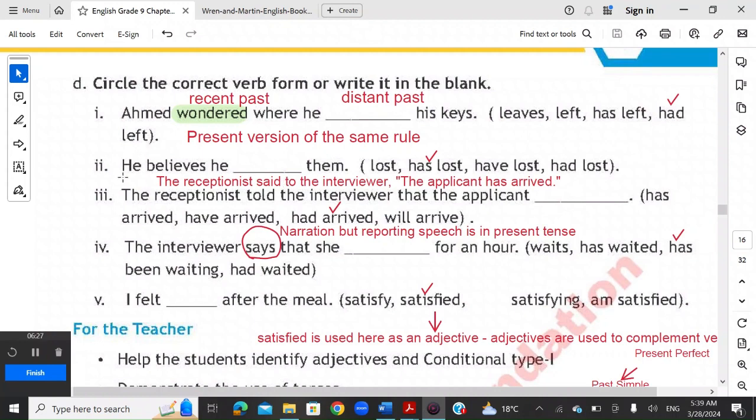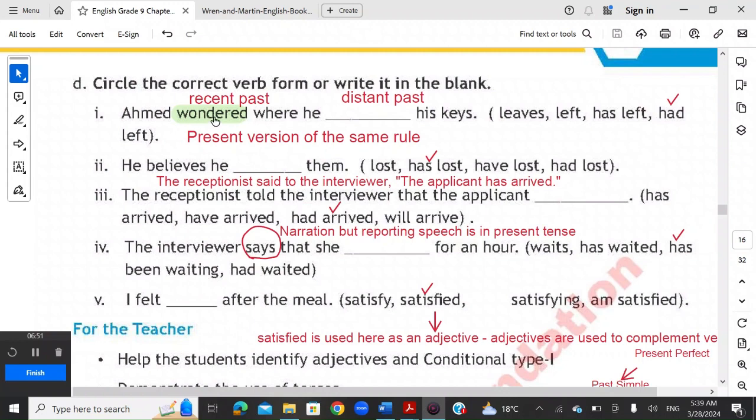Now move toward the second sentence. He believes he dash them. The logic for both of these sentences is the same. This is the past variant of the present tense one. Now you can see here the first verb is in the present simple tense.